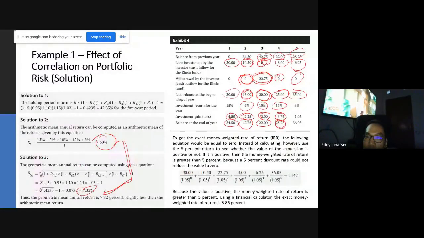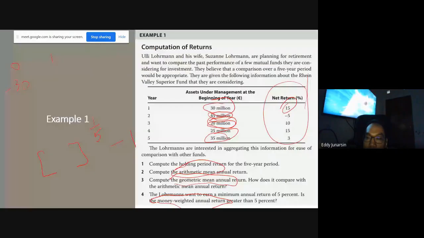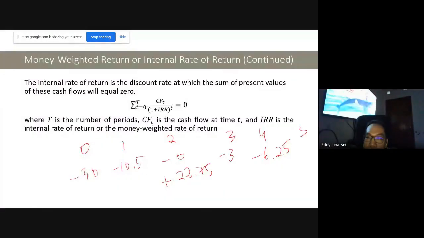Okay, so we started 35 in year 5. We got 3% or 1.05, and the end balance was 36.05.